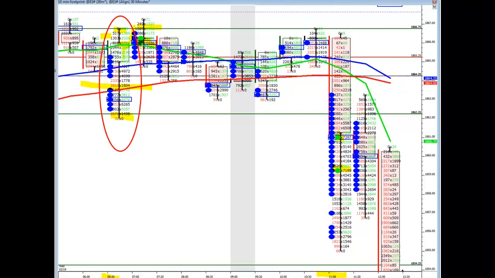Now, let's see where a more logical approach would have been, and let me share with you why I also would not have taken it that quickly up here, even with the minimal risk. There are some subtle clues here that I want to clue you in on. First of all, take a look at my simple 20 and my 50. Who's above whom? The 20 is above my 50 on the short time frame.